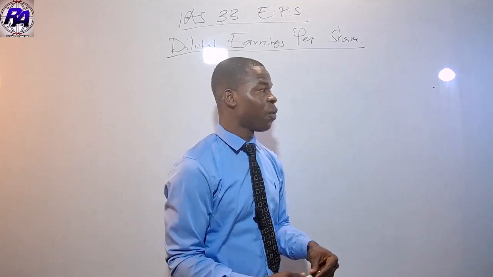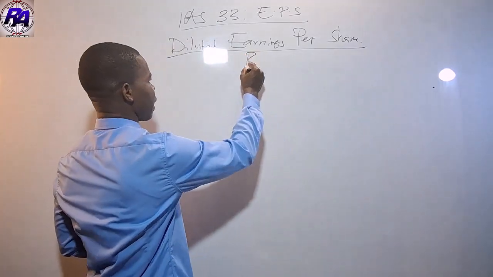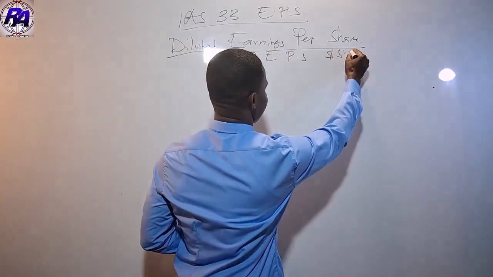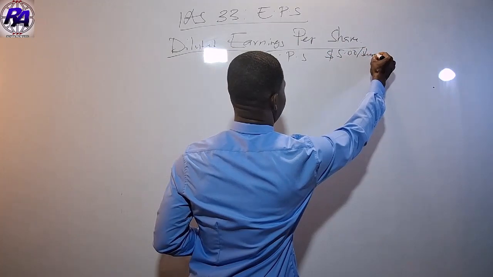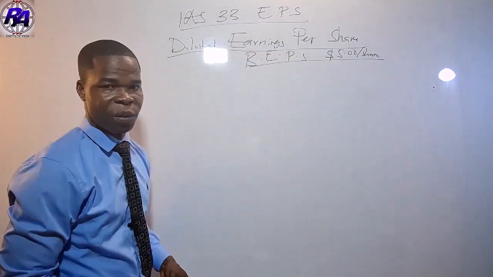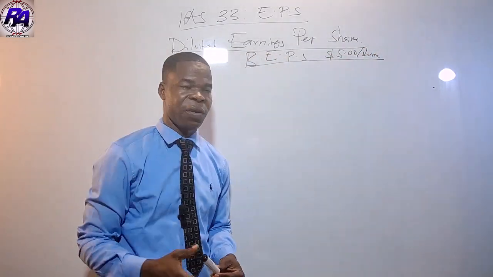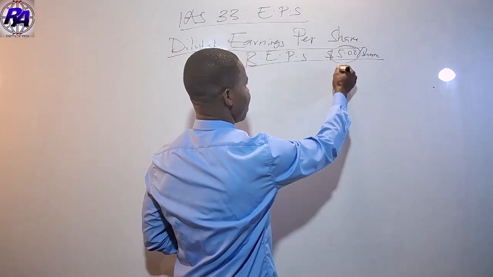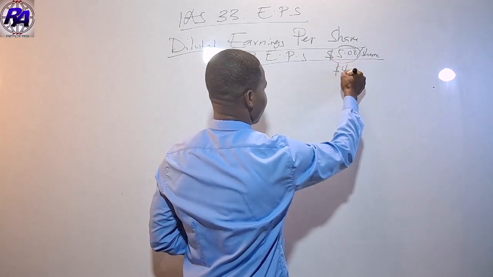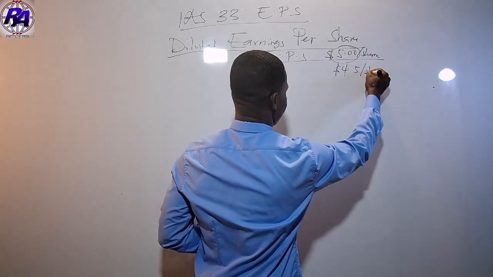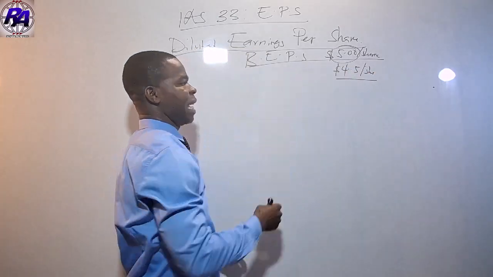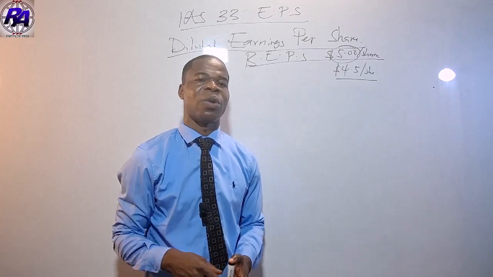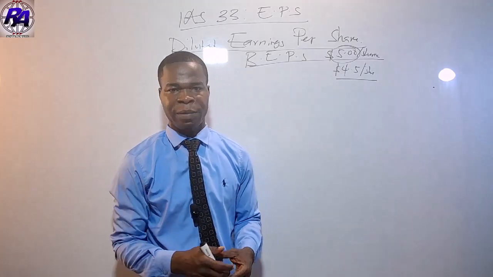What I mean to say is that we may have a basic earnings per share of $5 per share, but because of that situation in the business, we may end up having the earnings per share at the same date being 4.5 per share. So this means it has been diluted. It has reduced. That is what we call dilution or diluted earnings per share.